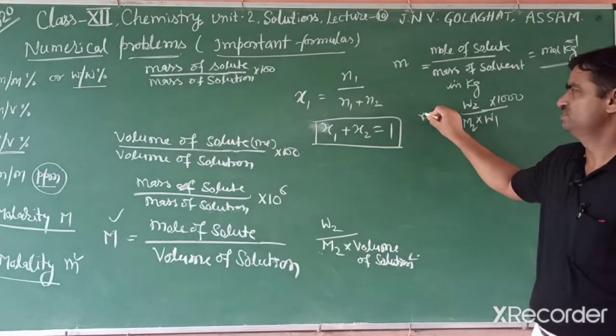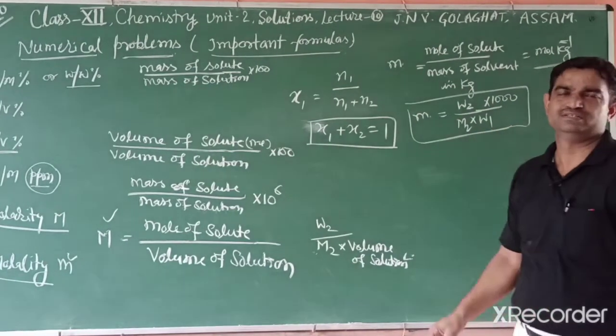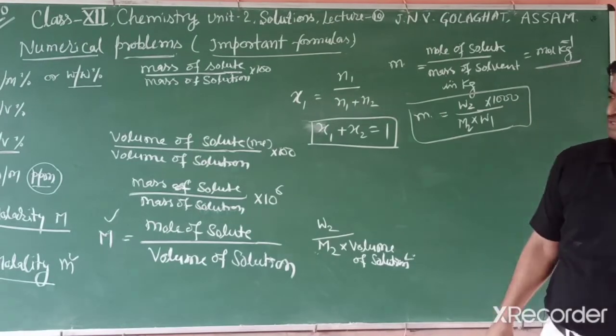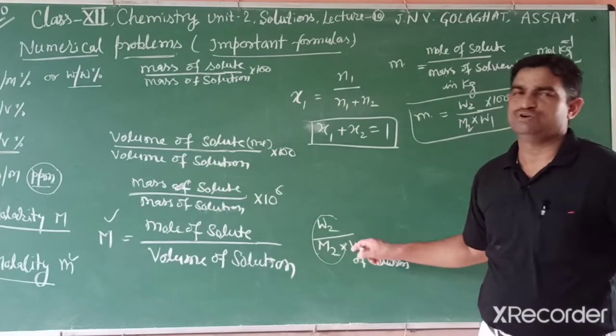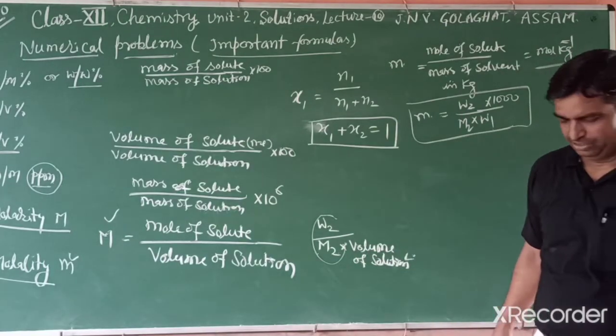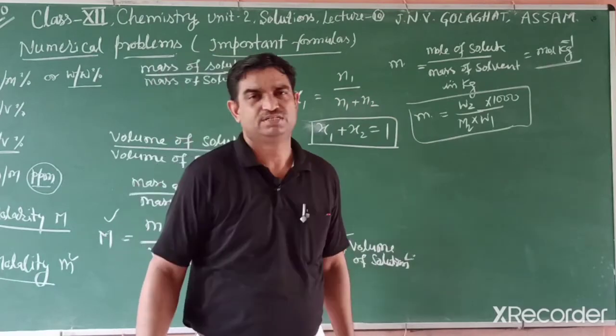So we write the formula in such a way. Like this, molality is denoted by small m, and molarity is mole of solute dissolved in volume of solution in liter. So these are some general expressions of concentration.